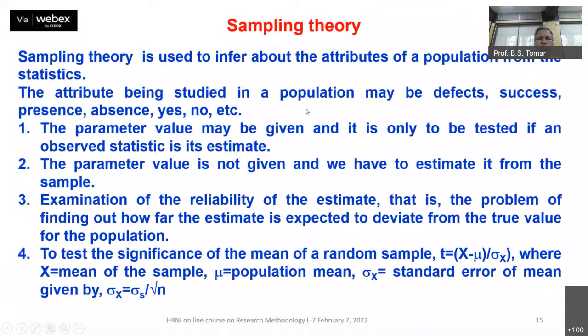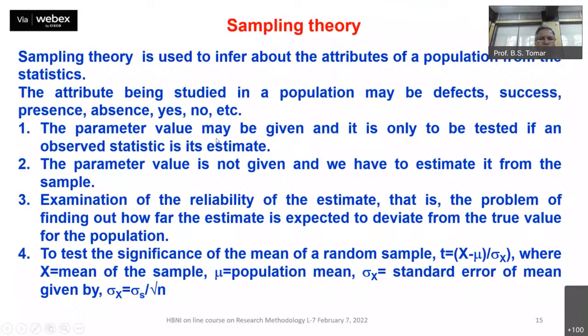What are the attributes? It could be defects or successes, presence or absence of an attribute, yes or no, like in an election opinion poll. Some people say this party; what is the probability of this party's candidate winning? So you ask, would you give this vote to this party? Say yes, so that becomes P, and Q is 1 minus that.